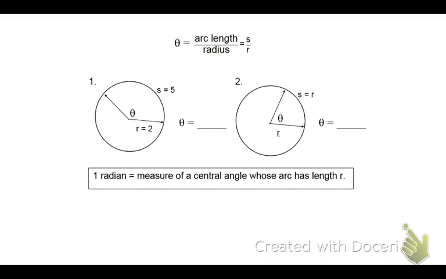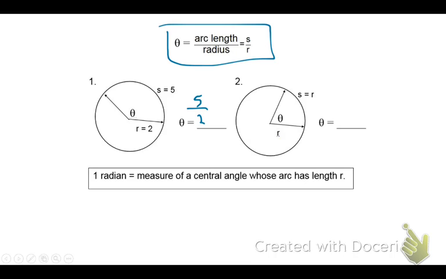So if we use that and we take a look at a couple of circles here, for my first theta, I'm going to have 5 over 2 if I use my formula here. And that would be my theta.